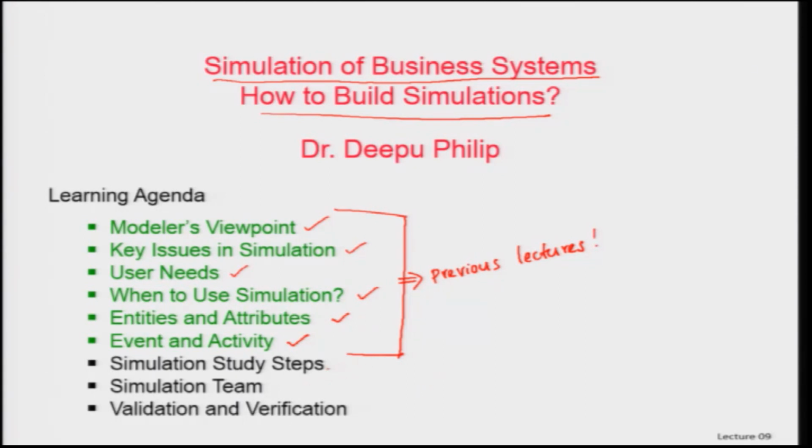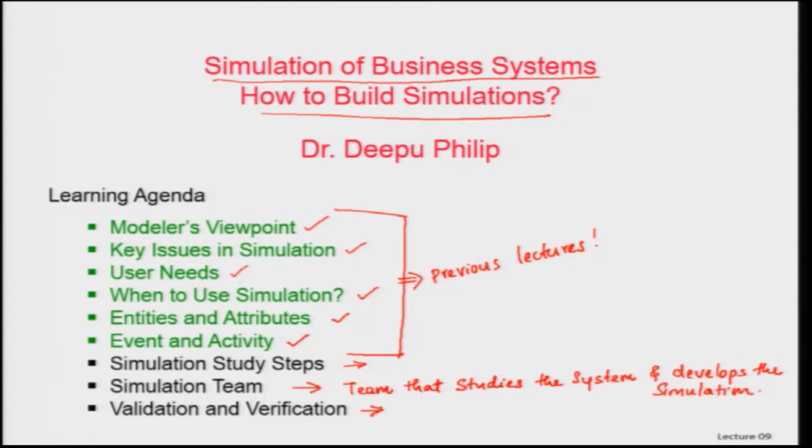Today we will be covering these last three topics: simulation study steps, the major steps involved in conducting a simulation study; then the different aspects of a simulation team, the team that studies the system and develops the simulation; and then validation and verification related to simulation.